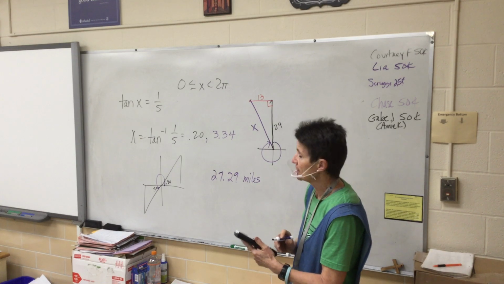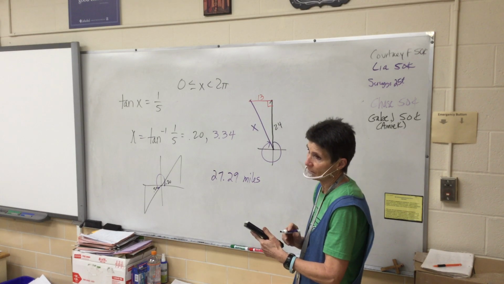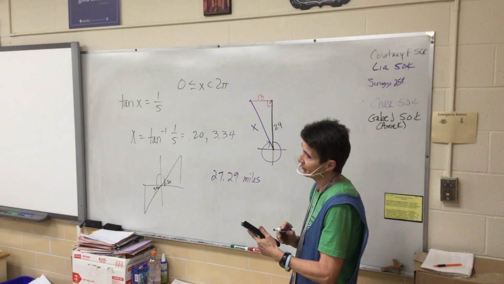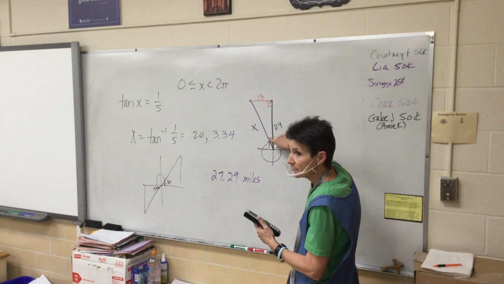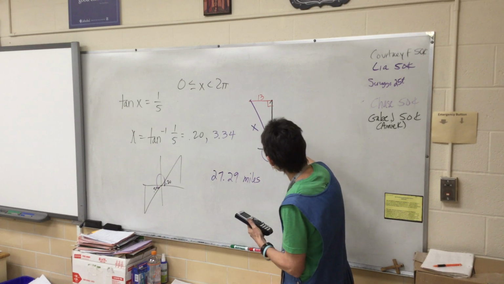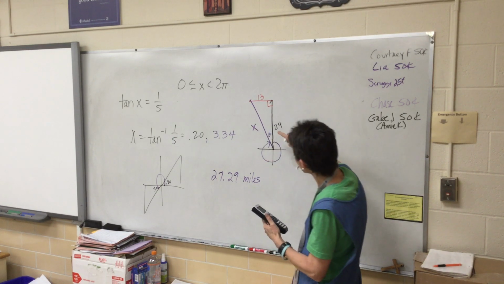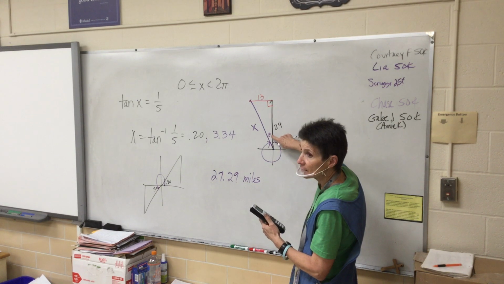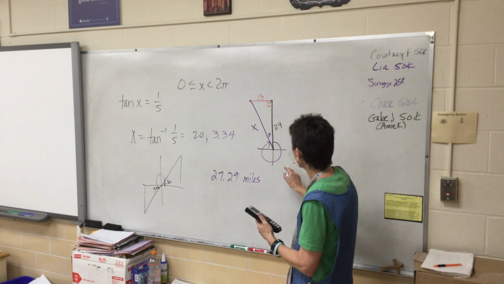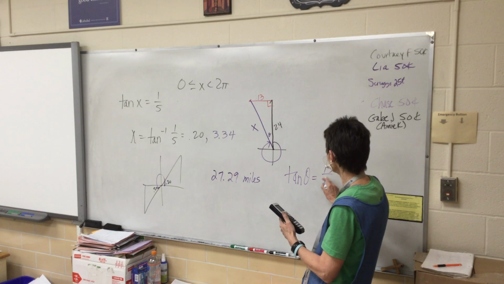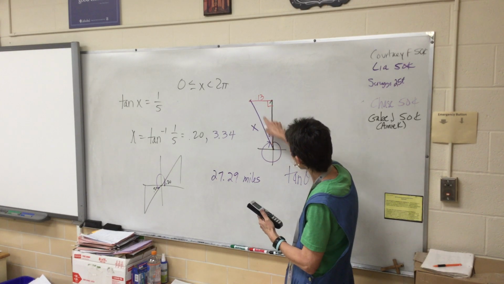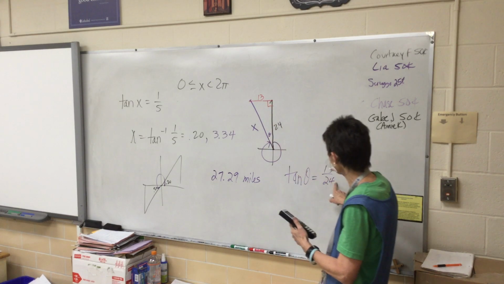Now his direction is going to be the purple angle. Well, I'm not going to be able to find the purple angle, but I think I can find this one, right? So I'll call that theta. How can I find theta? Tan, that's exactly right. So tan theta equals 13 over 24. Tangent theta is opposite over adjacent.